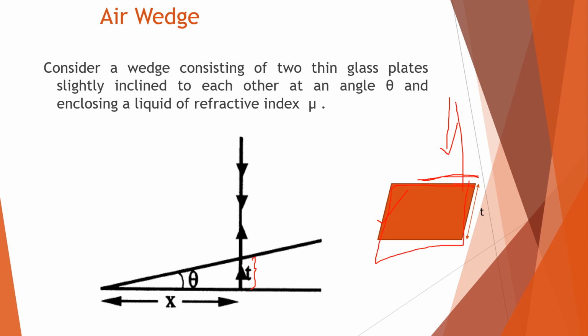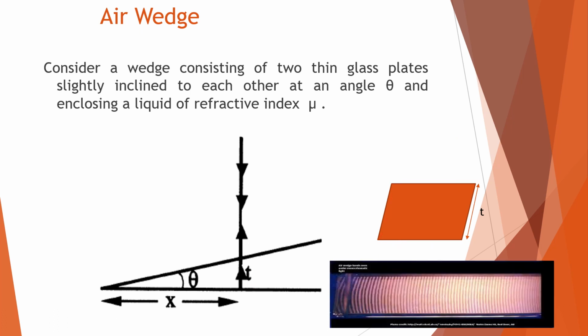So when you look from above, it is in the form of a line, because the rays get reflected from the top layer and bottom layer, and depending on the condition, you will get either constructive interference, that is a bright band, or a dark band. This is how the fringes look in air wedge. You can see that they have alternate dark and bright bands.